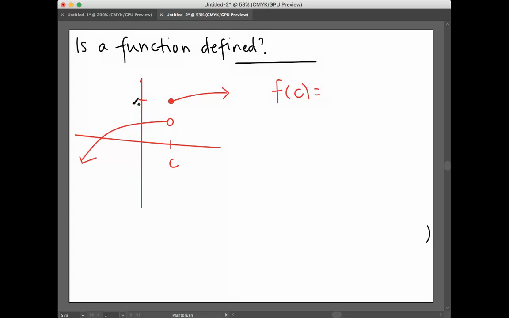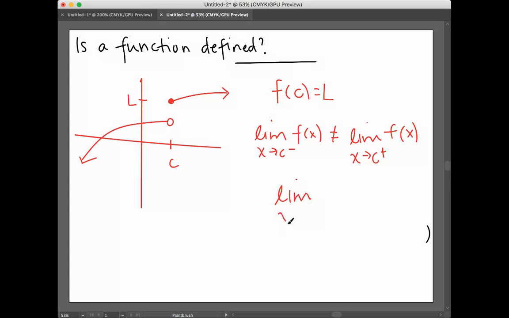It equals whatever this value is right here. So the function is defined. However, because the limit as x approaches c from the left of f of x is not equal to the limit as x approaches c from the right of f of x, the limit as x approaches c of f of x does not exist.